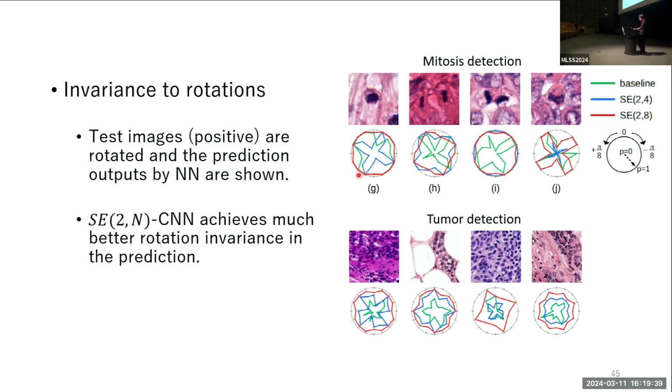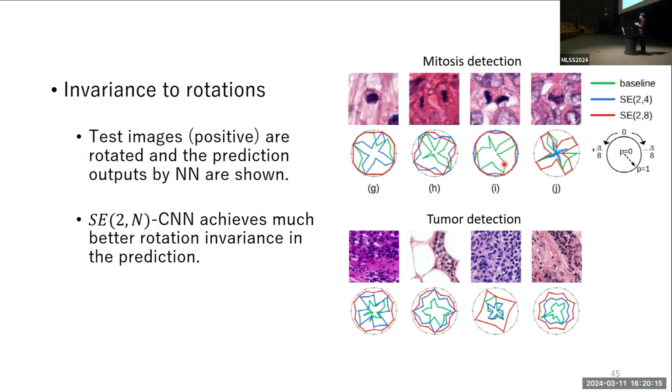And this picture is made by inputting the rotated images to the trained neural network. So if the network learns the rotational invariance or rotational robustness, then the output should be close to a circle. And you can see that the green result gives a very different result over the different angles.